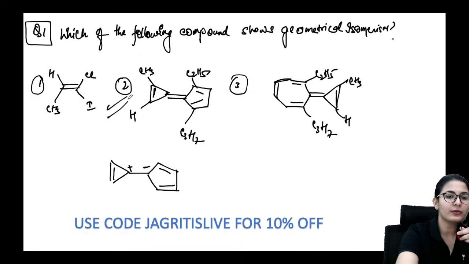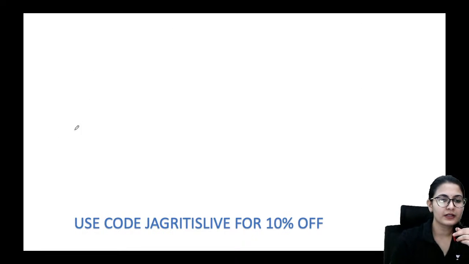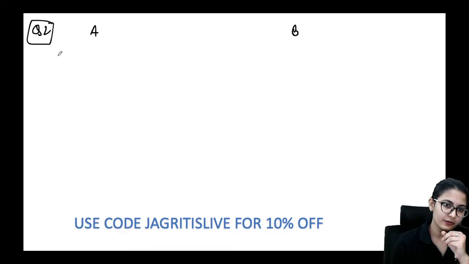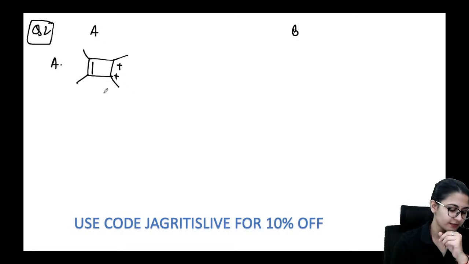Let's do one more question before going on. Okay, match the following. There is column A and column B. Positive, positive.